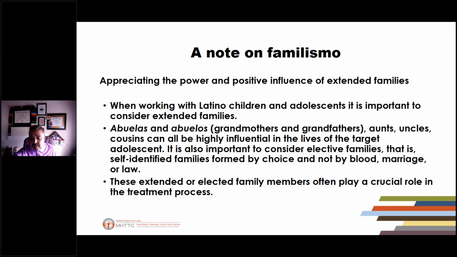So another note on familismo. We want to make sure that we don't get overwhelmed. Sometimes as therapists, we may be even younger than our parents or our grandparents that we're helping with the family.